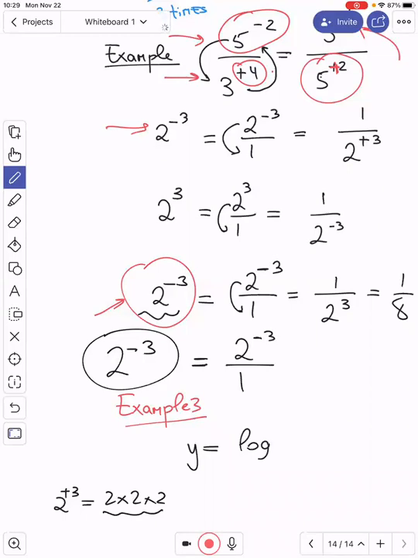Now I can move 2 to the power negative 3 to the denominator, and it becomes positive 3. I know what 2 to the positive 3 is: 2 times 2 times 2, 3 times, that would be 8. So the goal was to compute 2 to the power negative 3.